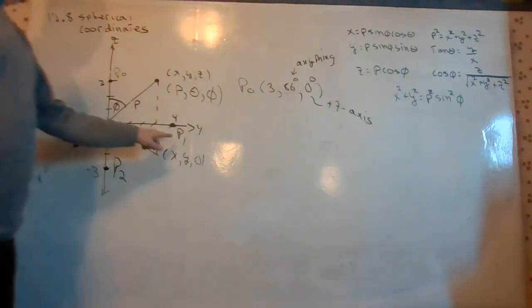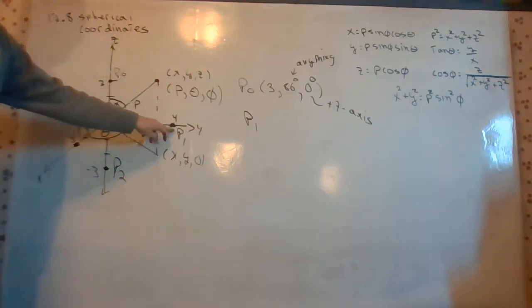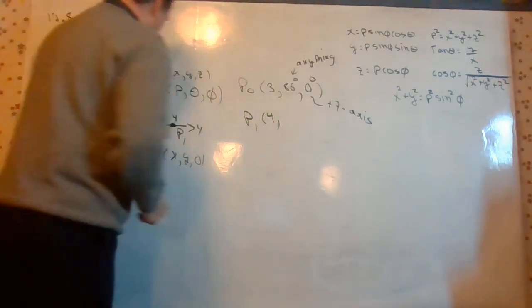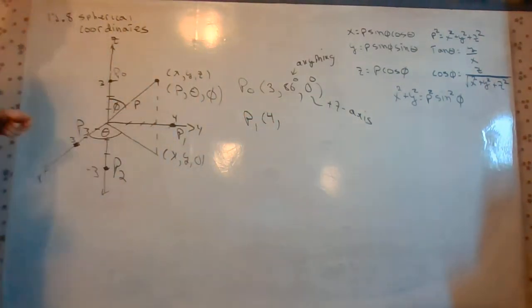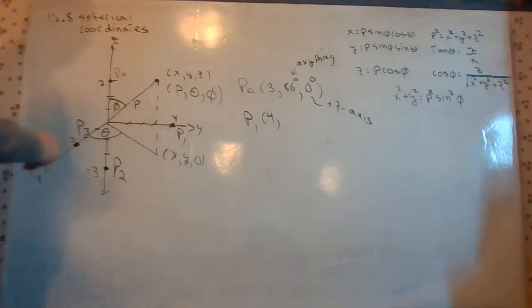And now let's try P1. We're here on the y-axis. Rho is equal to 4 units from here to here. Theta, we come from here to the positive y-axis. That's a 90-degree angle.